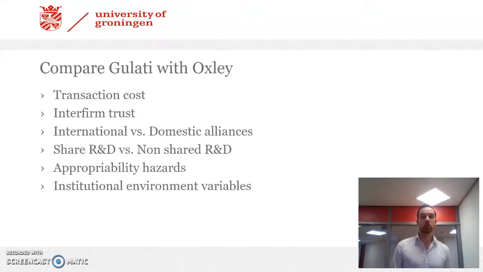According to Gulati, transaction costs are influenced by, first of all, inter-firm trust. In this context, we conceive trust as a type of expectation that alleviates the fear that one's exchange partner will act opportunistically. According to Gulati, the level of inter-firm trust is mainly determined by the number of previous alliances between the partners and the governance mode of the previous alliances.